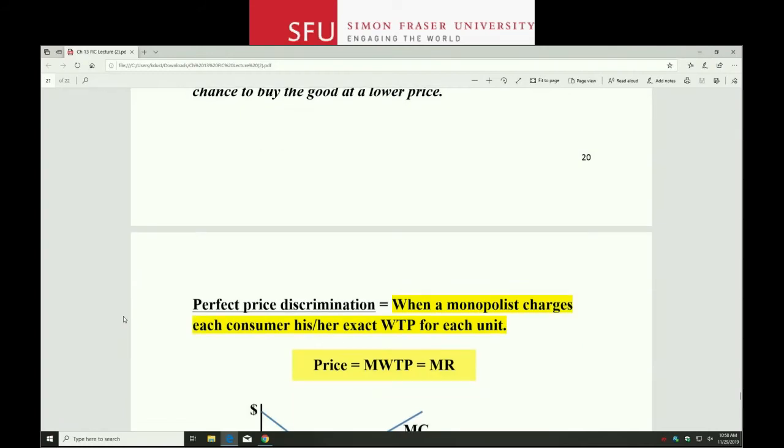Perfect price discrimination. So that's when a monopolist charges each consumer his or her exact willingness to pay.